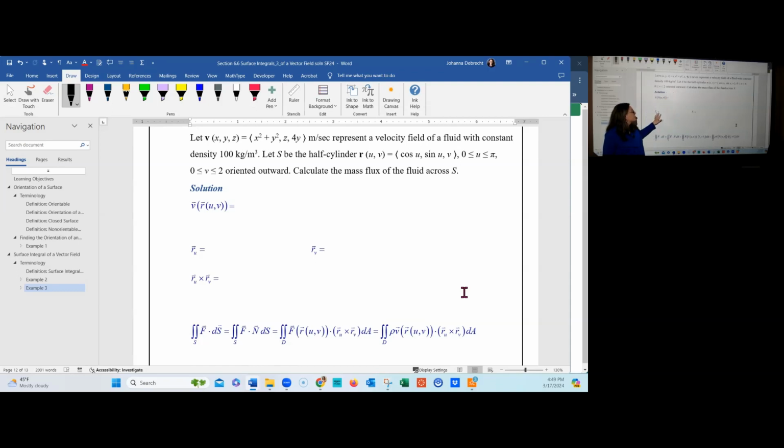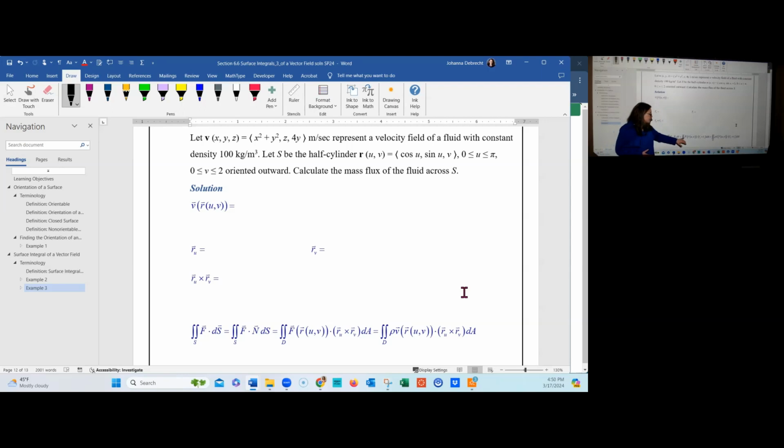Then you will need to compute the partial derivative of this parameterization with respect to u and the partial of that parameterization with respect to v, find a normal vector by crossing them together, then taking the dot product of the vector field at the parameterization with the normal vector. Then finally evaluate over your parameter domain.